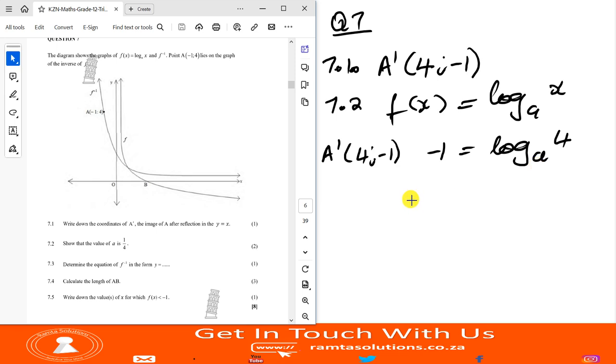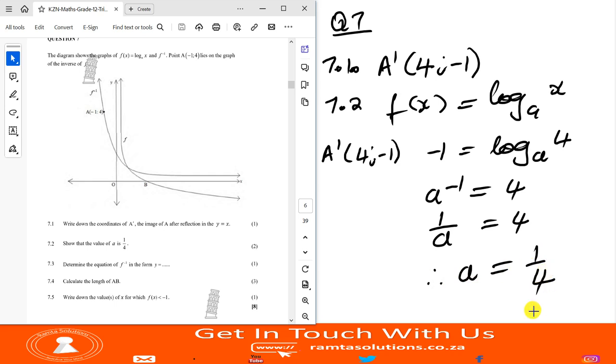To be able to get this, we say a to the minus 1 is equal to 4, isn't it? This therefore tells us that 1 over a is equal to 4. Therefore, we can convince ourselves and say a is equal to 1 over 4.